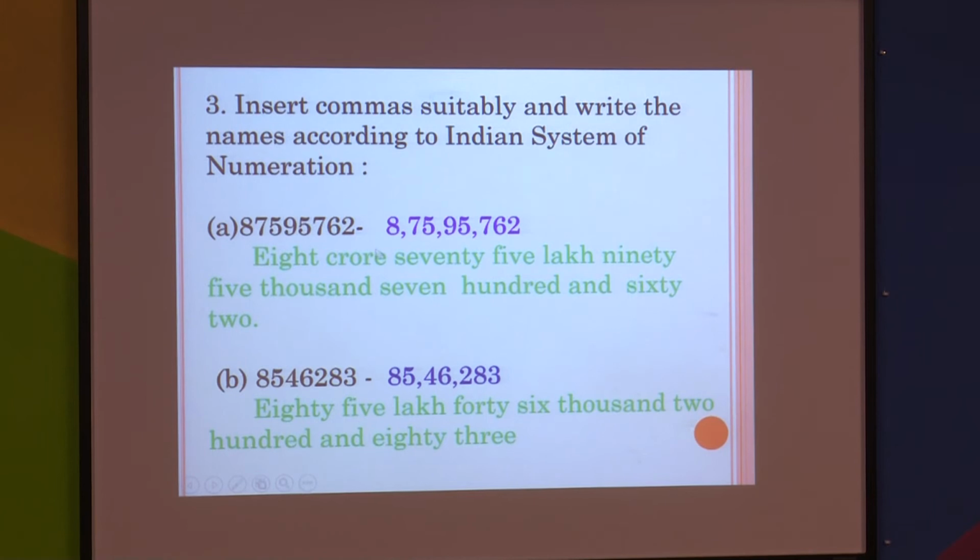So read the number now and write it as well. 8 crore 75 lakhs 95,762 is the Indian system of numeration for the given number.